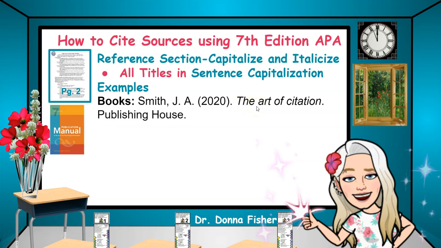And the title is in sentence case. Notice that you're not capitalizing art and citation as you would usually in a title. Instead, you're putting it in sentence case format. It ends with a period, and then you put the publisher, which is the publishing house.